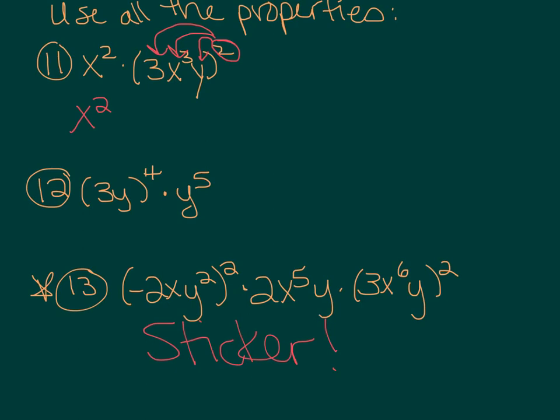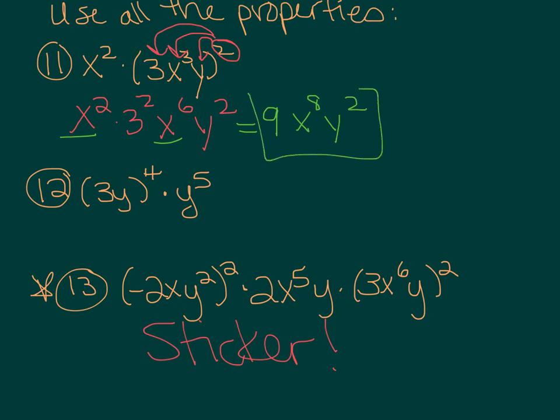From there, I am going to change this to 3 to the 2nd times x to the 6th, multiply your exponents, times y to the 2nd. From there, I can put together my x to the 2nd and my x to the 6th, and I can also make my 3 to the 2nd a 9. x to the 2nd times x to the 6th is x to the 8th. y to the 2nd doesn't change, and that's my answer for 11.